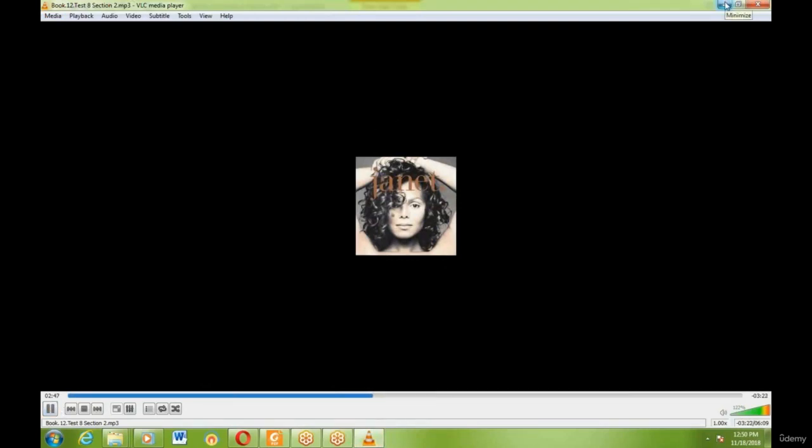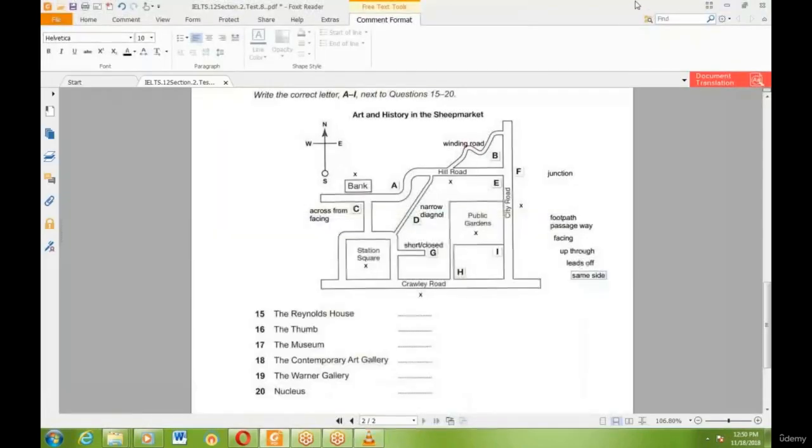After 6 p.m., many of the car parks have a flat rate which varies, but it is usually very reasonable. Before you hear the rest of the podcast, you have some time to look at questions 15 to 20.